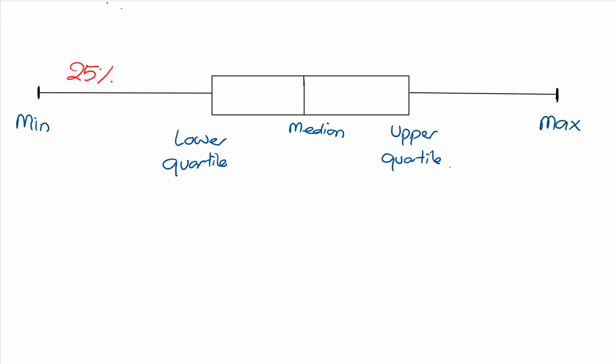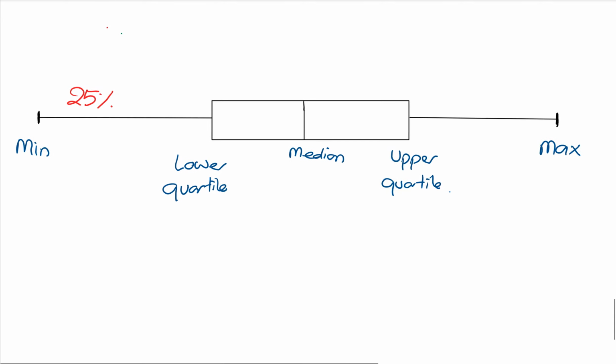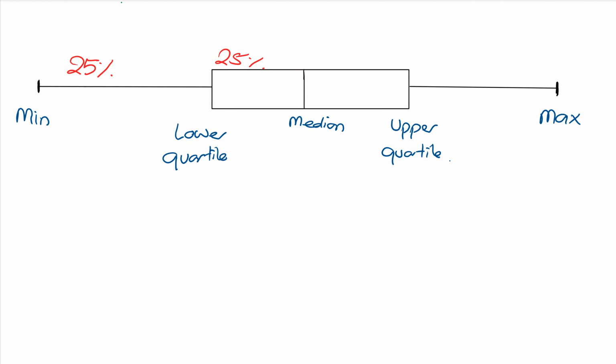From the lower quartile to the median, that represents another 25%. From the median to the upper quartile, another 25%. I'll put these inside the boxes. So this is 25% in here and 25% in there. And from the upper quartile to the maximum, that's another 25% of our data.